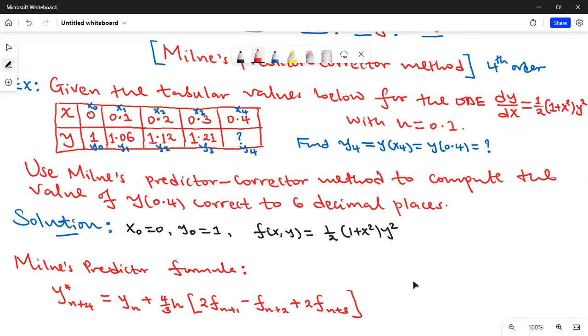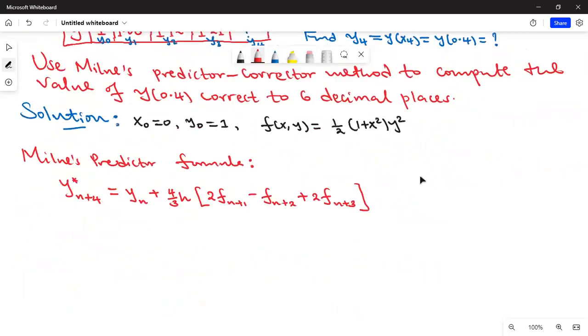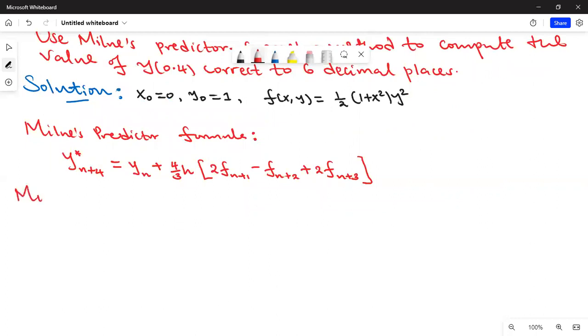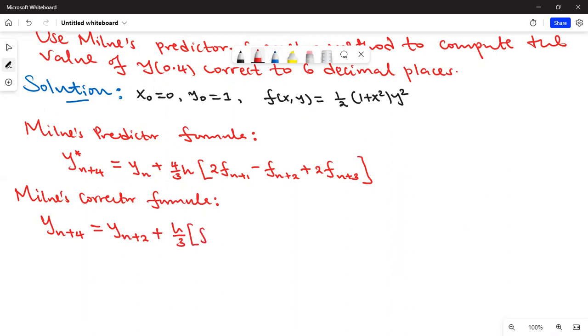And let me give you the corrector formula, because we'll also need it. Milne's corrector formula is that y_{n+4} is equal to y_{n+2} plus h over 3 into f_{n+2} plus 4 f_{n+3} plus f_{n+4}.